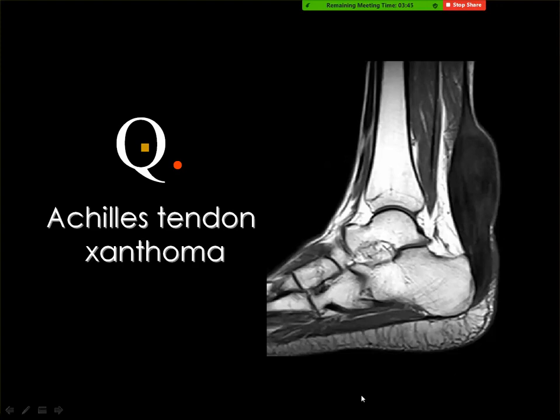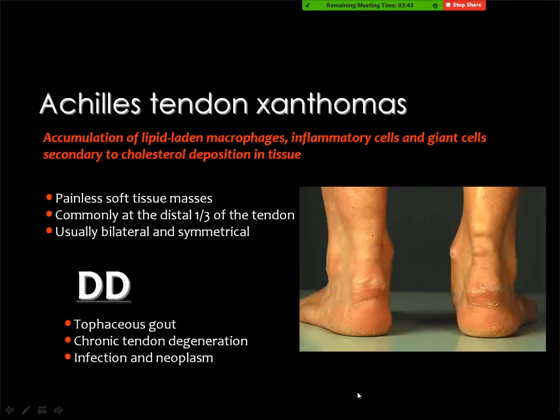This condition may be unilateral or bilateral, and there is accumulation of lipid-laden macrophages and inflammatory cells, as well as giant cells, and the cholesterol deposition in the tissues. And this is one of the warning signs for cardiac or coronary heart disease, because the deposition of cholesterol is there and also in the coronary vessels.